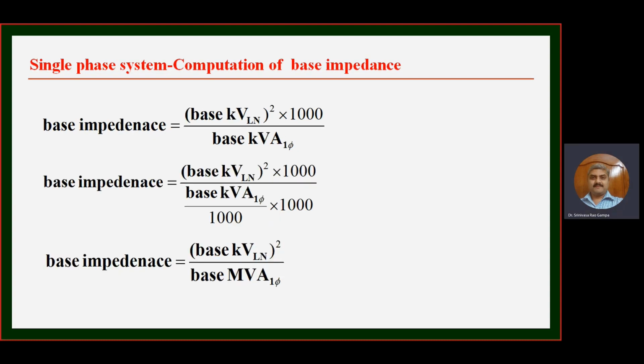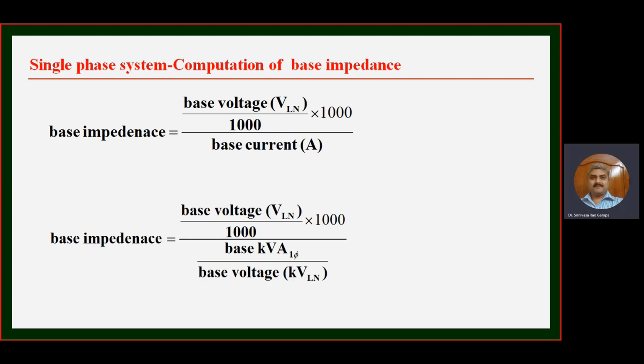So now base impedance, base kV whole square into 1000 by base kVA. See here in the previous slide, base impedance is equal to base voltage by 1000 into 1000 by base kVA by base voltage into kVLN.